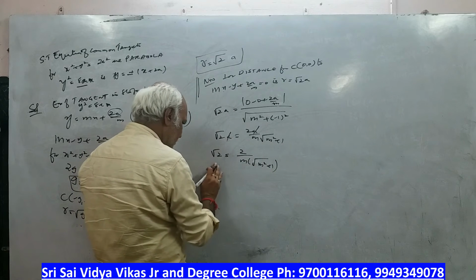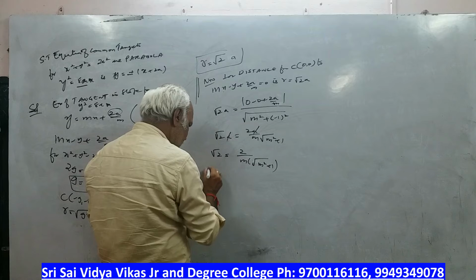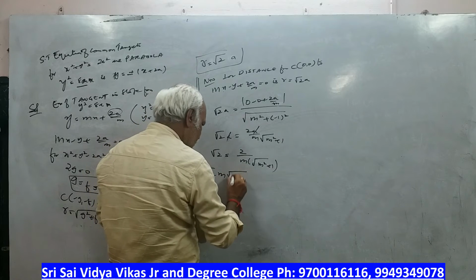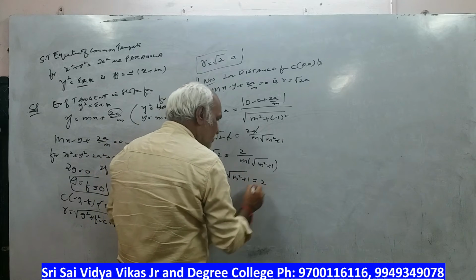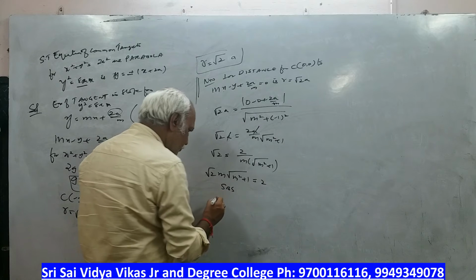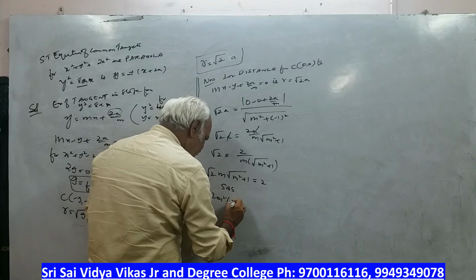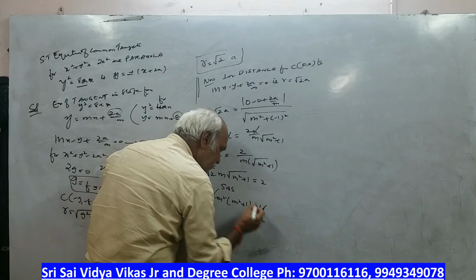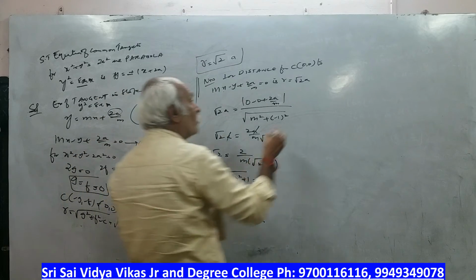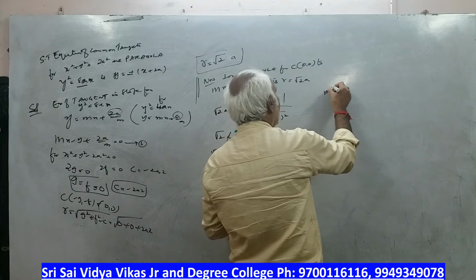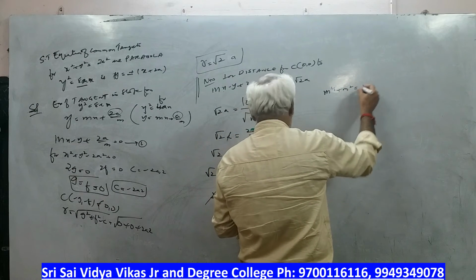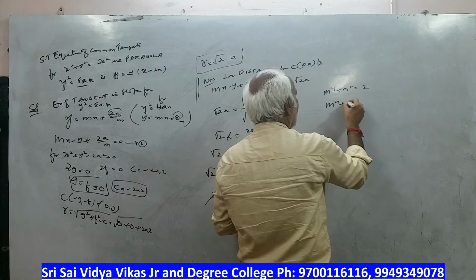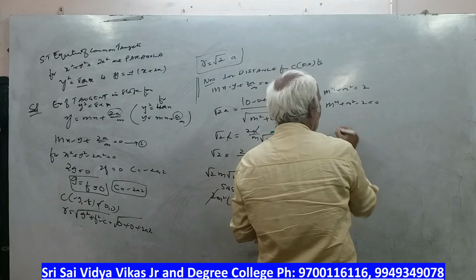Cross multiply, it is equal to 2. Square both the sides. So 2m square into m square plus 1 is equal to 4, this will get cancelled 2 times. Open the bracket: m power 4 plus m square is equal to 2. Therefore, m power 4 plus m square minus 2 is equal to 0.